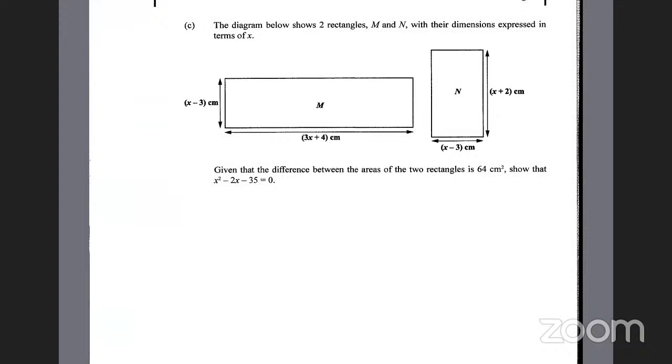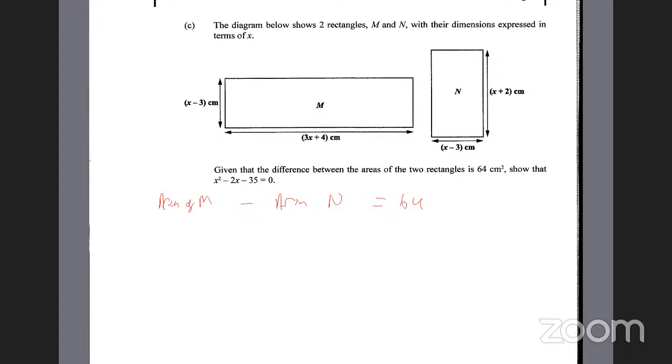Next part. Question said the diagram below has 2 rectangles. They give you the dimensions. Given that the difference between the areas is 64, show that that is up. So we could set it up one time. We could say that the area of M minus the area of N is equal to 64. M looking much larger.